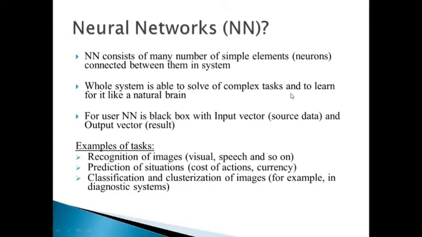So in the last session we discussed neural networks, and I am continuing with that. A neural network consists of many simple elements called neurons, which are connected between them in systems, and the whole system is capable of solving complex tasks and learning to solve them by itself, like a natural brain.